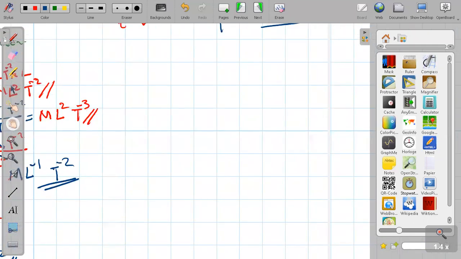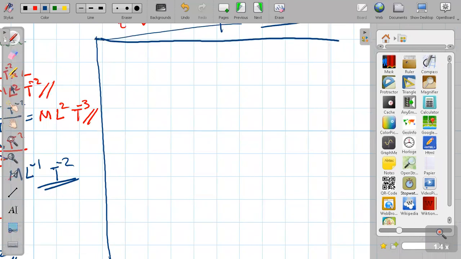So we have to use the knowledge of dimensions to find out some quantities without dimension. So put a subtopic saying dimensionless physical quantities.